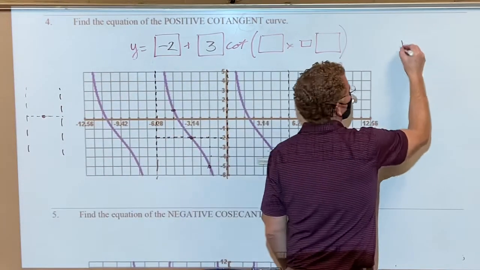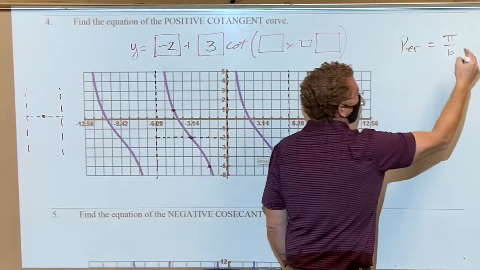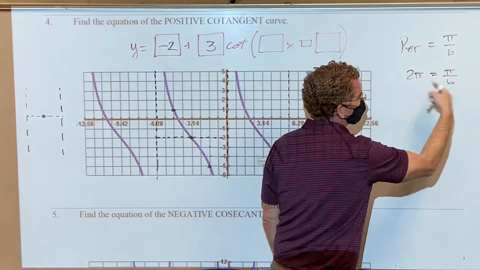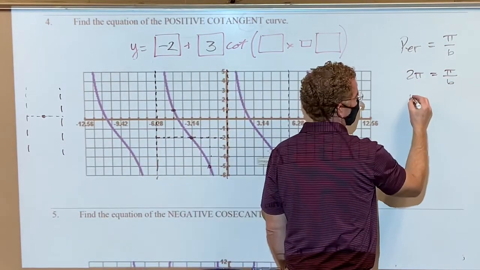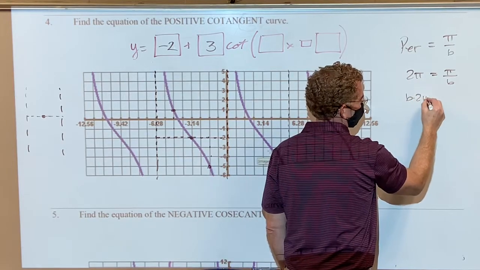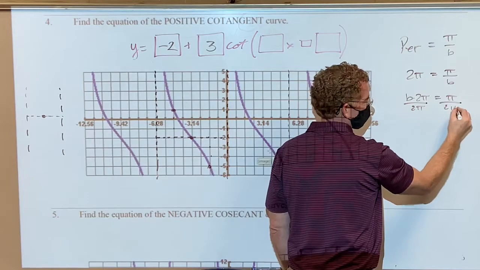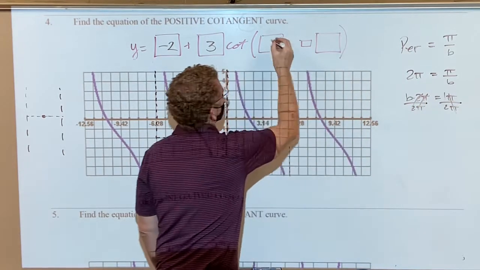So if your period, again, on cotangent is pi over b, and your period is 2 pi, and this is the first time it's probably not completely obvious, if I cross multiply, I get b times 2 pi equals pi, and if I divide by the 2 pi, I get 1/2. So my B value is 1/2.